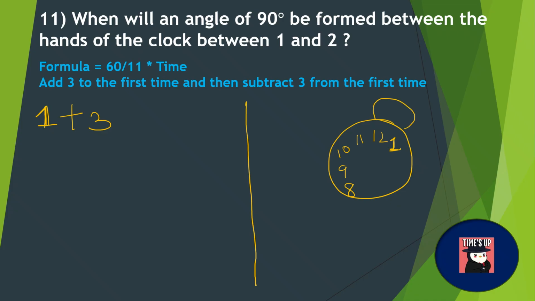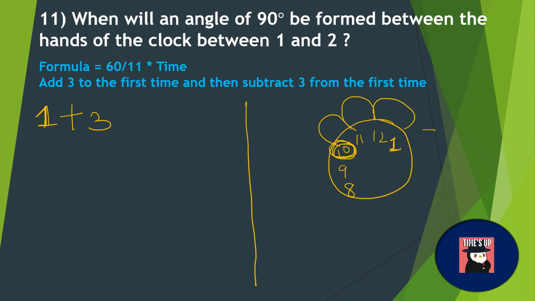So from 1 to 12, this will be minus 1. 12 to 11 minus 2. Then 11 to 10, it will be minus 3. So 10 will be the answer. Okay, 10 you need to substitute in place of time.